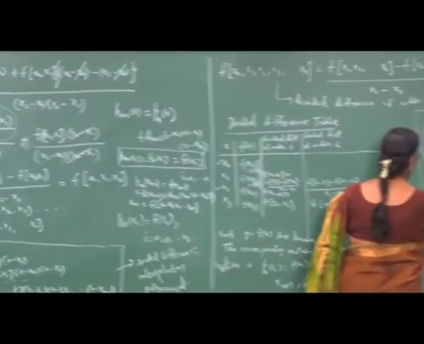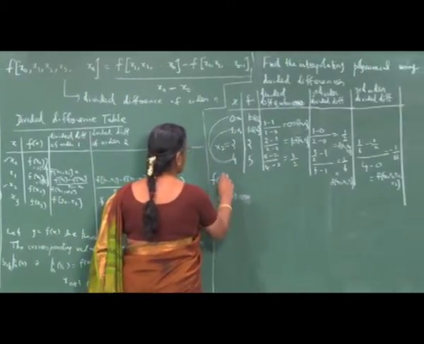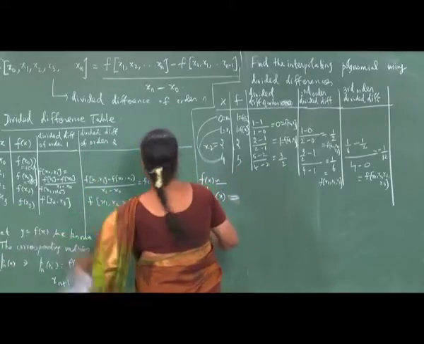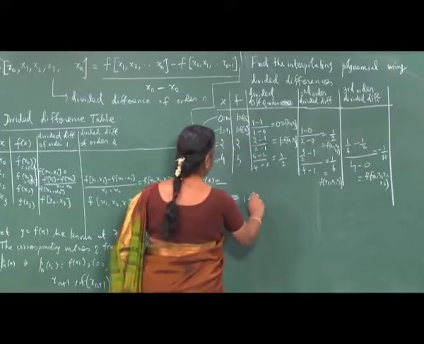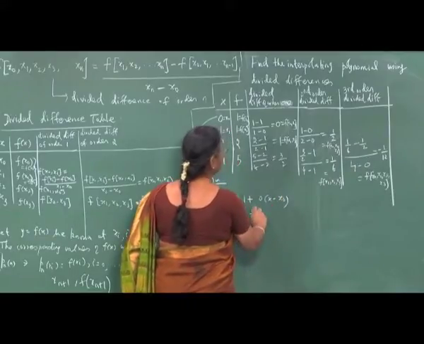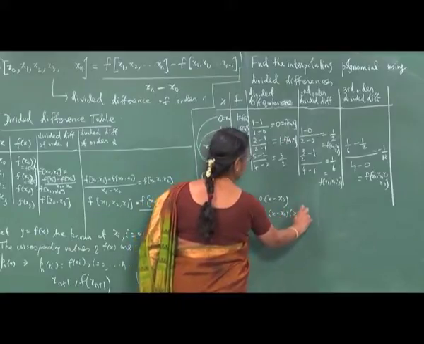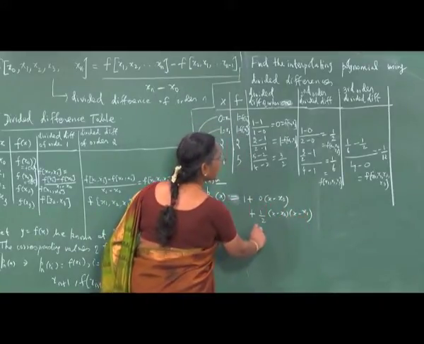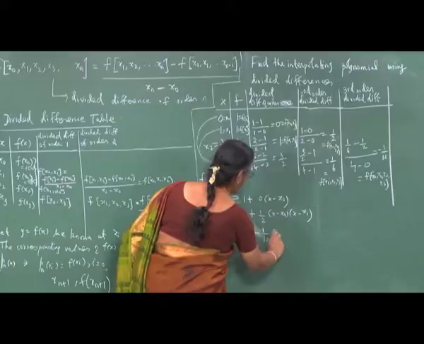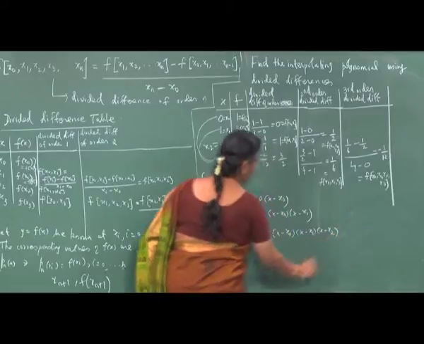So, the required polynomial P3 of x that approximates the function f of x is given by first term f of x naught, which is 1, plus f of x naught x1, 0, into x minus x naught, plus f of x naught x1 x2, half, into x minus x naught into x minus x1, plus f of x naught x1 x2 x3, so minus 1 by 12 into x minus x naught into x minus x1 into x minus x2.